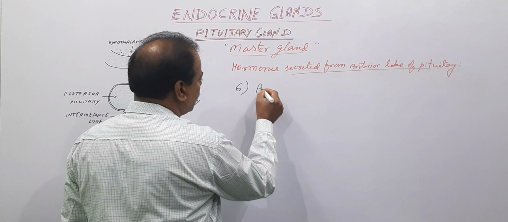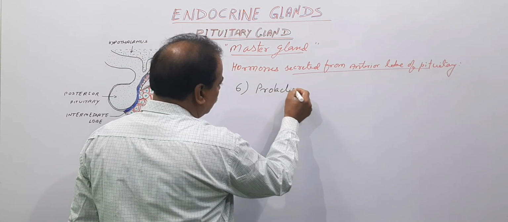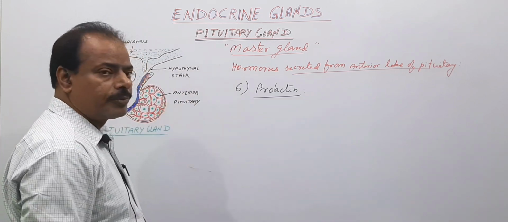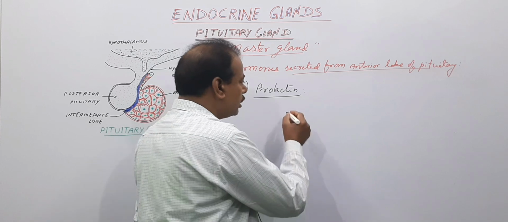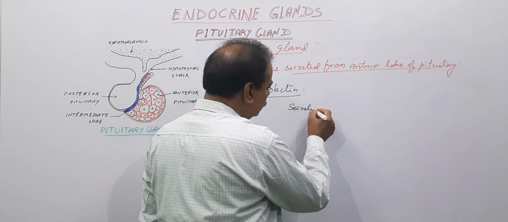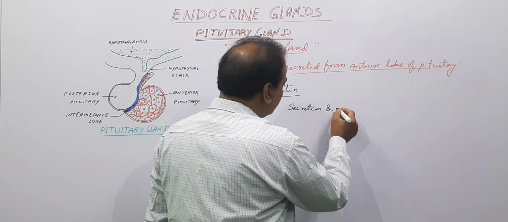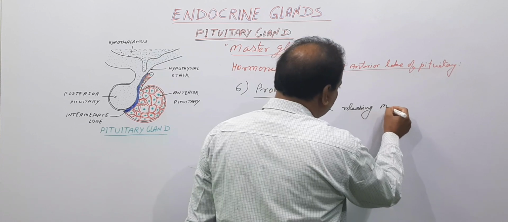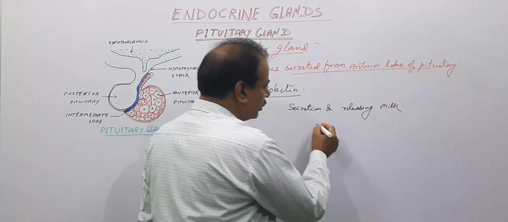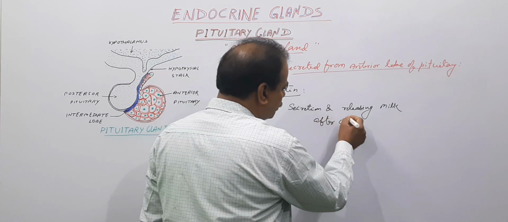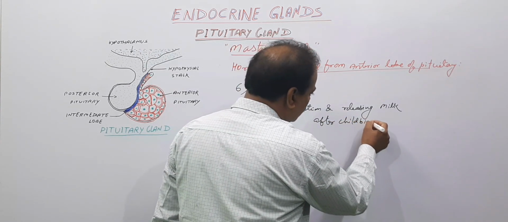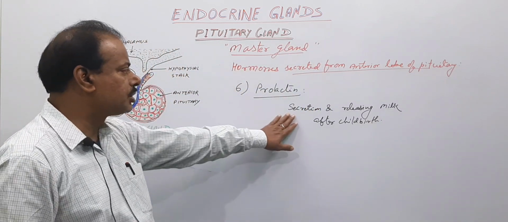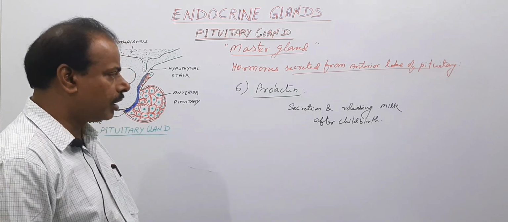Number 6, prolactin. It is secreted from the anterior lobe of pituitary, and it helps in secretion and releasing of milk after childbirth in females.